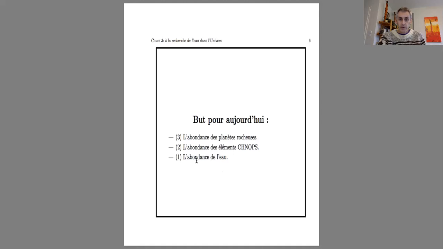And I'm going to start with the last point here, the abundance of water, because I think that's less obvious. We're going to see that there are lots of rocky planets, and these elements are quite common.